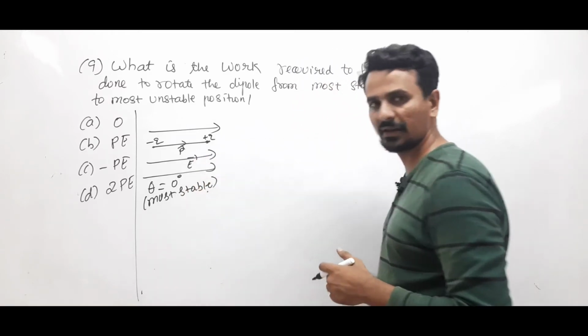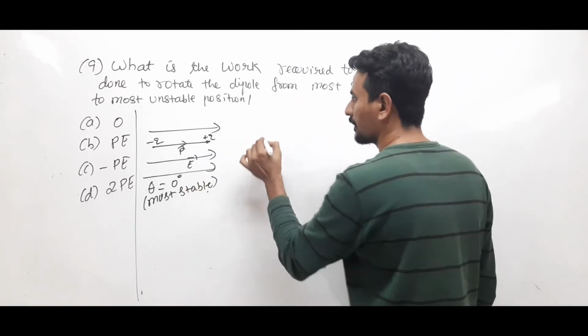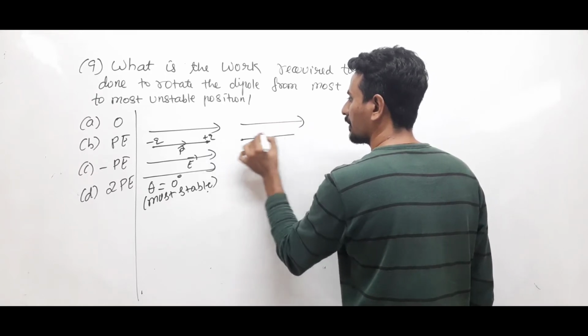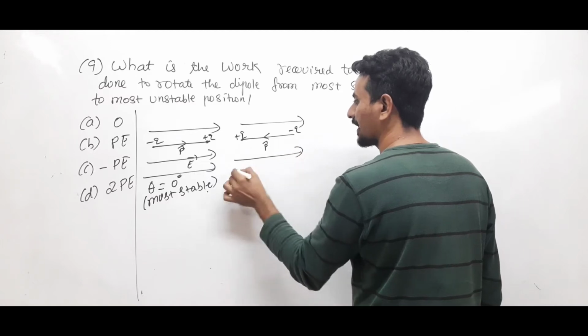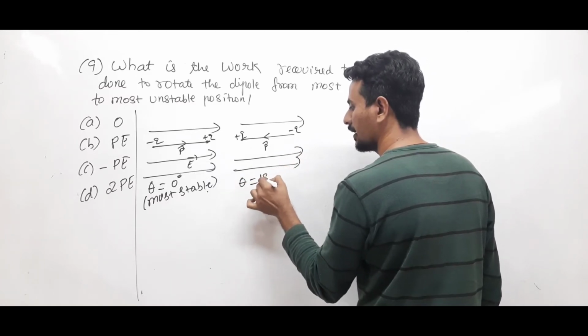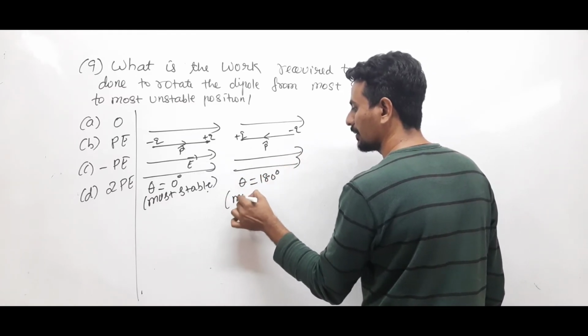Already these things are given in theory. If the dipole is placed such that the dipole moment is anti-parallel to electric field, that is when theta is 180, it is most unstable.